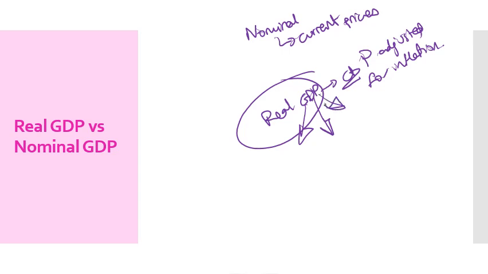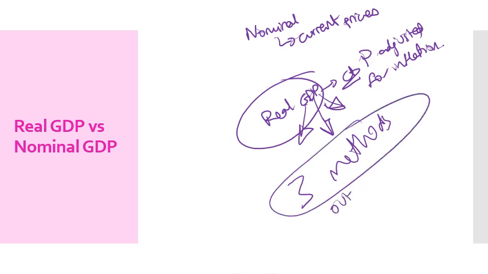But also, I have 3 methods to measure this output. And I have something called the output method, which adds up all the output produced in a country. So this would be the first one. It's self-explanatory. It's measuring the output.